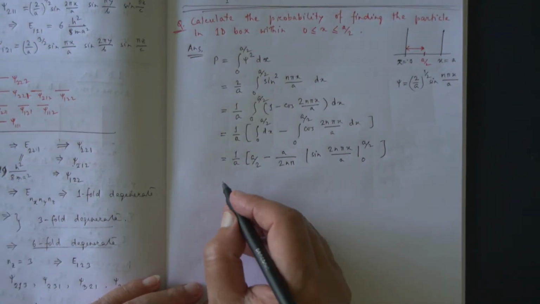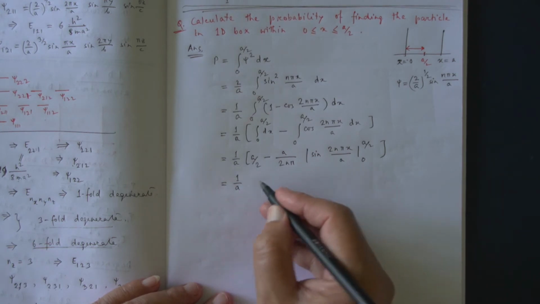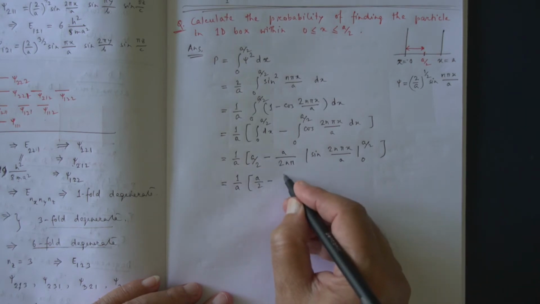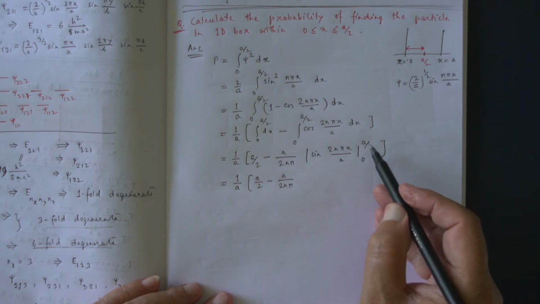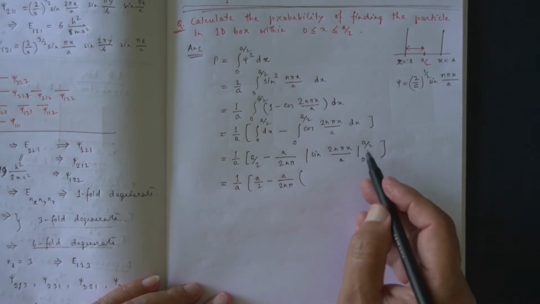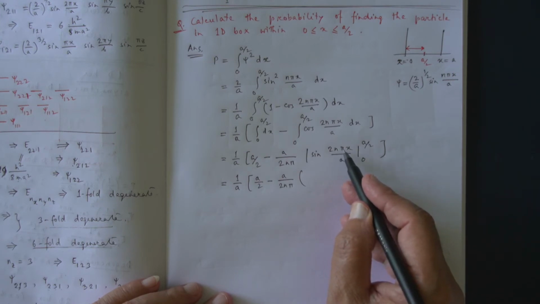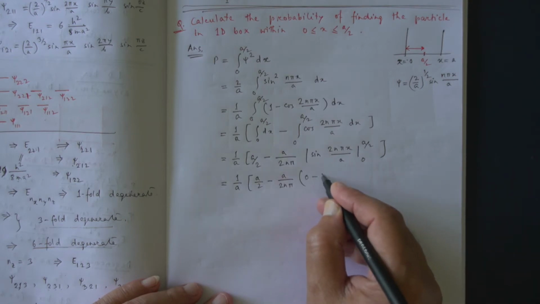So this is equal to 1 by a, this is a by 2 minus a by 2 n pi, and when you put this limit, sine n pi equals 0. Then this is 0, so it will be 0 minus 0.